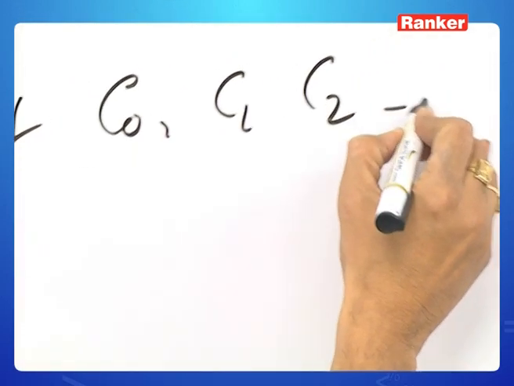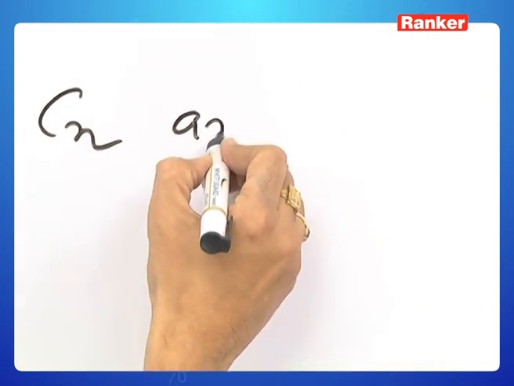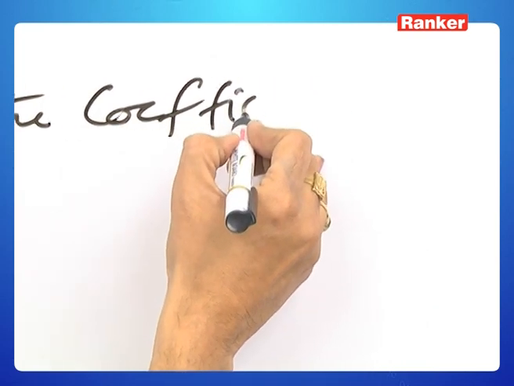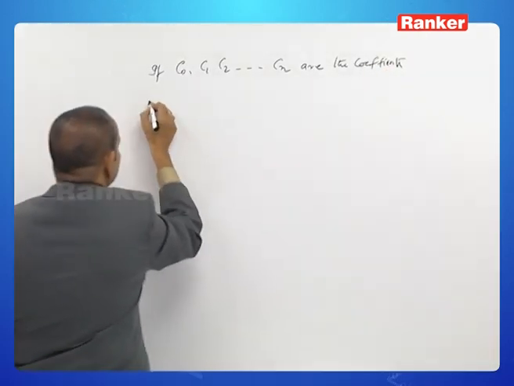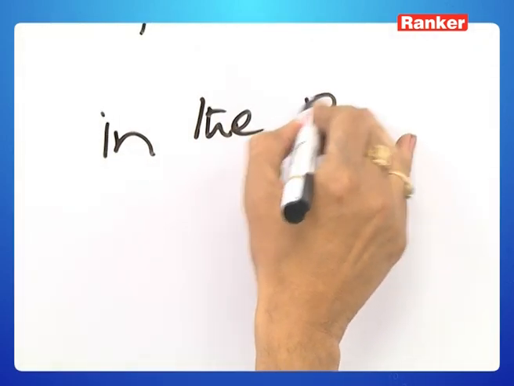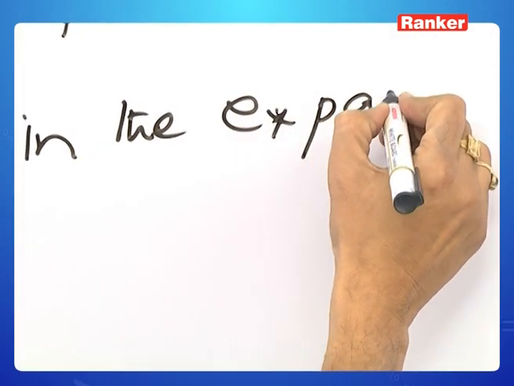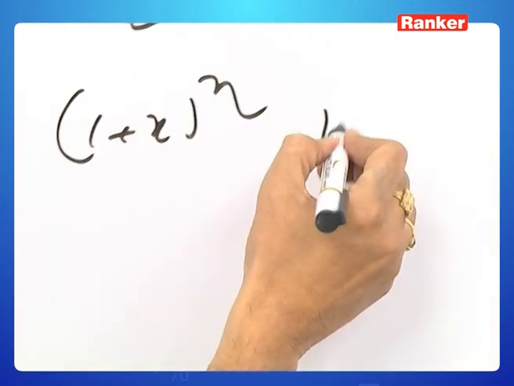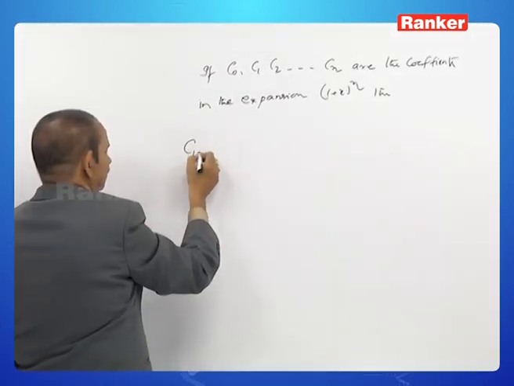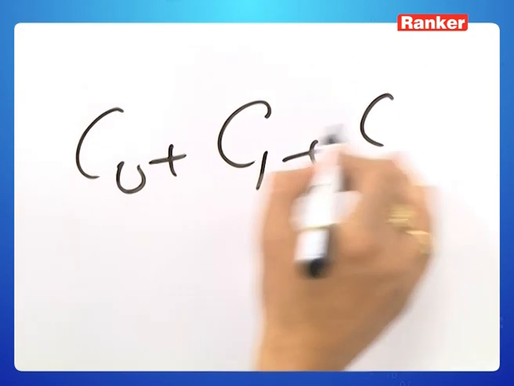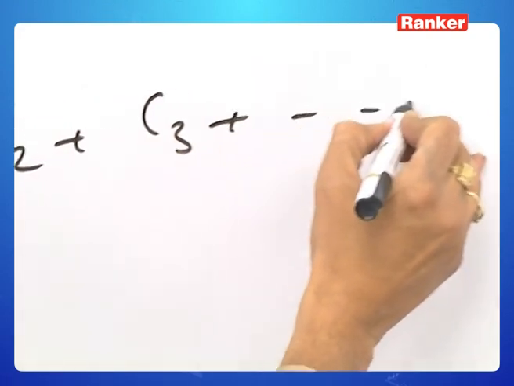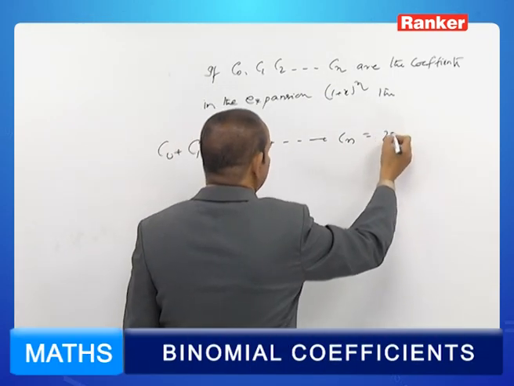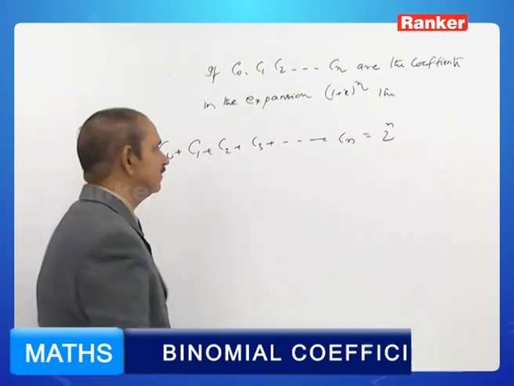If C0, C1, C2, etc., Cn are the coefficients in the expansion (1 plus x) whole to the power of n, then C0 plus C1 plus C2 plus C3 etc. Cn is equal to how much? 2 power n, the first one.